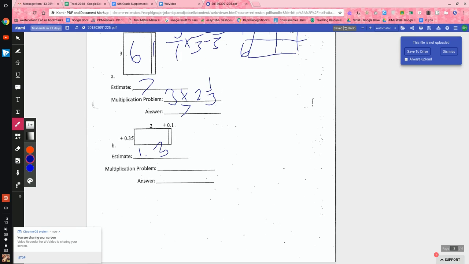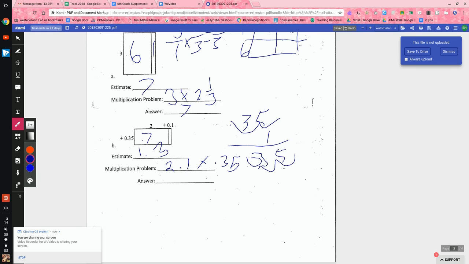The last one, the multiplication problem is 2 and 1/10 times 35 hundredths. So we got to do 2 times 35 hundredths. So if I have 2 of those, it's up to 0.7. And then 35 times 1 would be 35. But again, we're multiplying 2. So 35 times 0.1, I got 35, and I'm 1, 2, 3. 1, 2, 3.